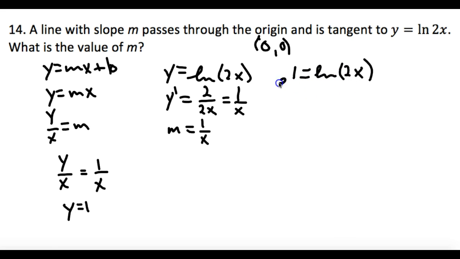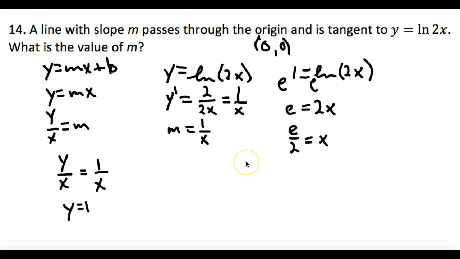That means I'm going to raise both sides to a power of e. So here I just get e to the first power equals, well, e to the log base e of 2x is just equal to 2x. And then I can divide both sides by 2 and get that my x value is e over 2.